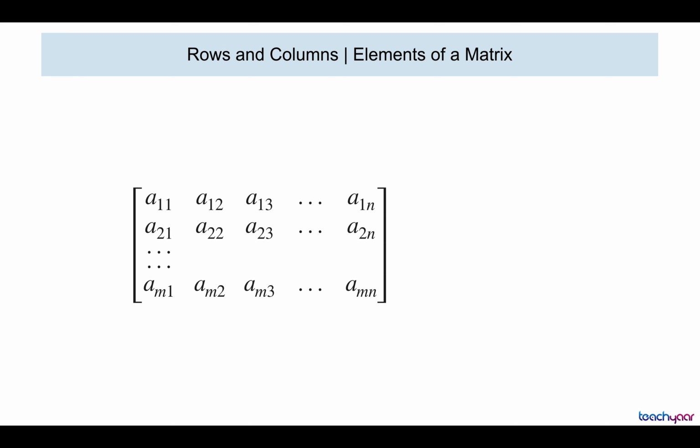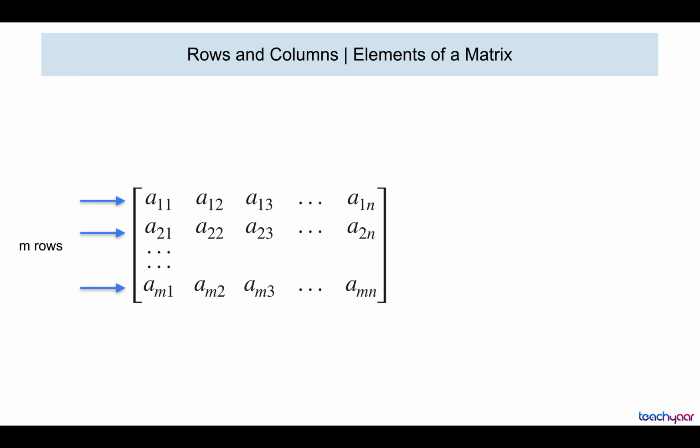So let's look at a general form of a matrix. Again, similar to what we've seen, two square brackets, and you have symbols inside them, starting from A11 to A1n, and then you have a second row with A21, A22 all the way to A2n, all the way down to Am1 to Amn.